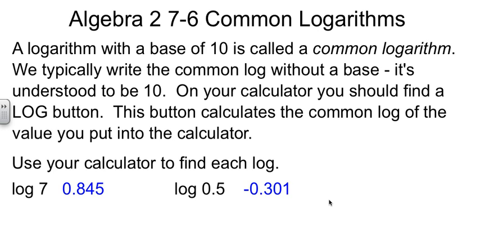If you couldn't get those answers out of your calculator, make sure you ask me and I'll help you out. Some calculators take the 7 and then the log. Some take log and then 7 and then an equal sign or an enter. It varies by calculator, but I'll be more than happy to show you. All you have to do is ask.